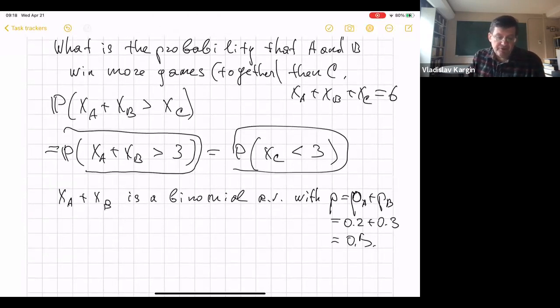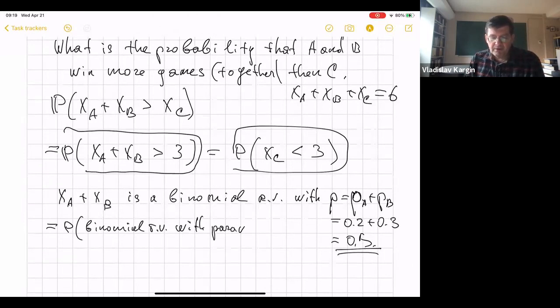So this is equal to the probability that a binomial random variable with parameters n equal to 6 and p equal to 0.5 is greater than 3.